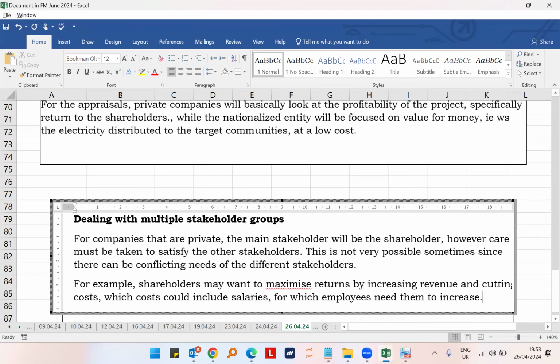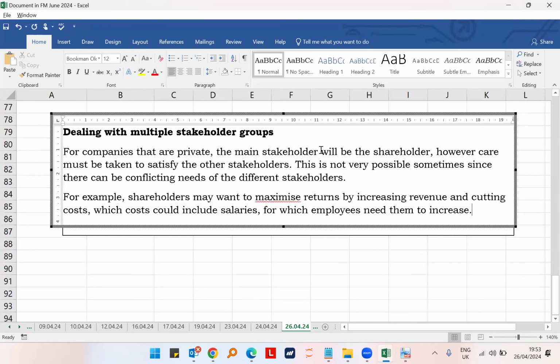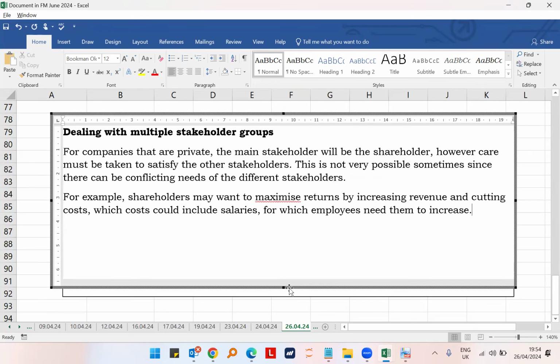So you can see that that's sort of like a conundrum because, of course, the employees want to have higher salaries. And here we are saying, in order for us to satisfy the shareholders, we should reduce the salaries. So there is going to be some sort of tug of war, so to speak.